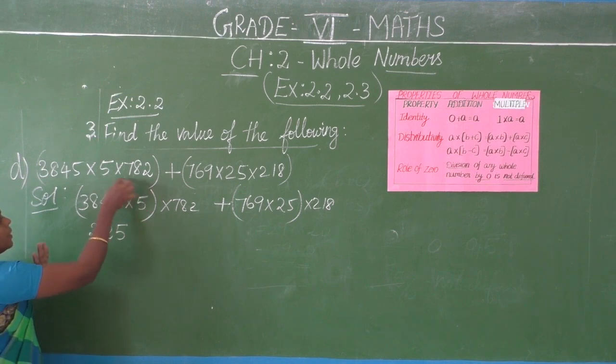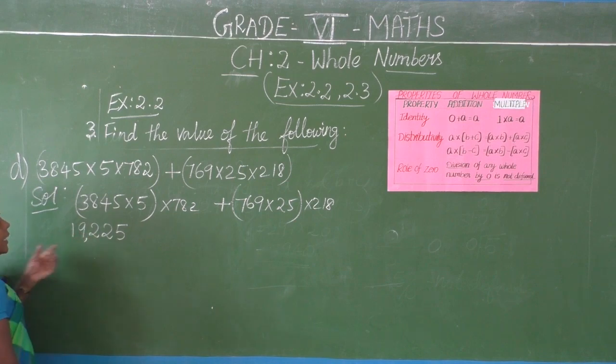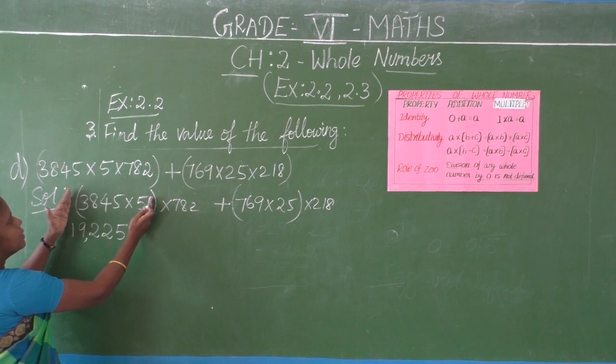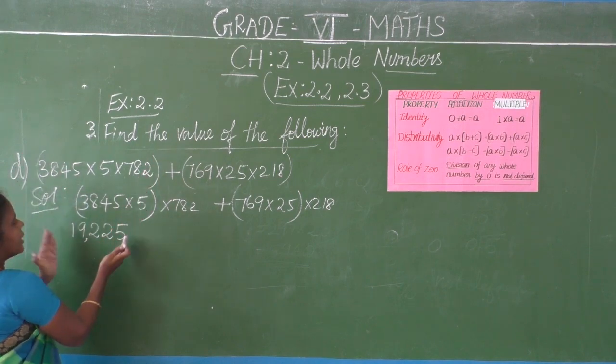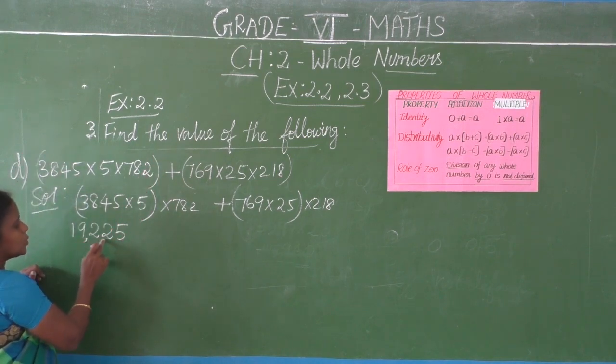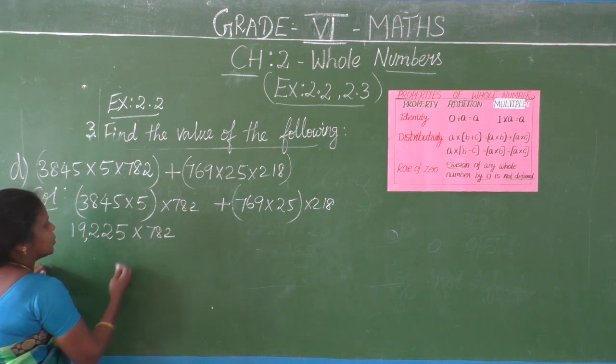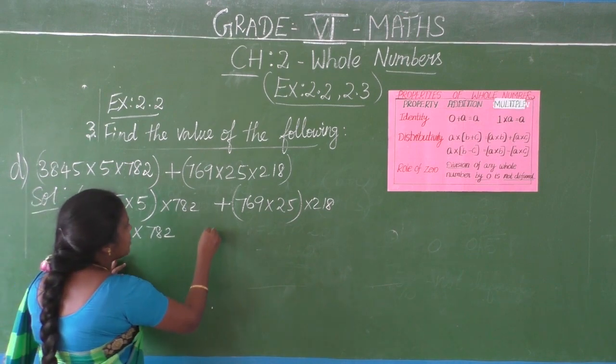Remainder 4. 3 5s are 15. 15 plus 4, 19. 19,225. If you multiply the first 2 numbers, the first set, we are getting the answer 19,225 into this number 782. Let it be. Come to here.